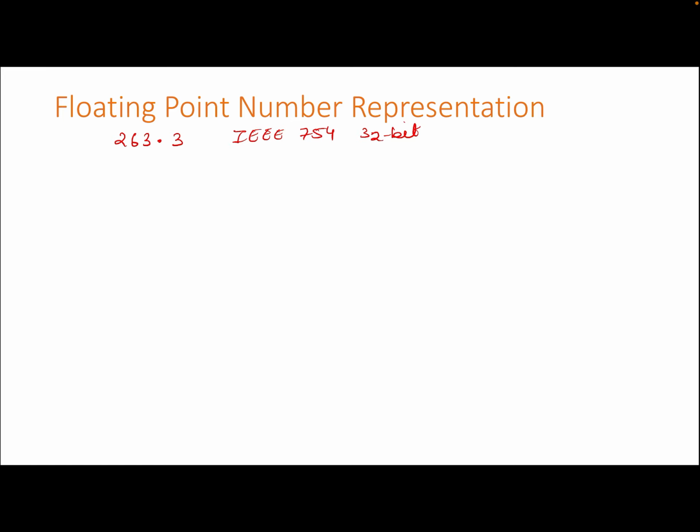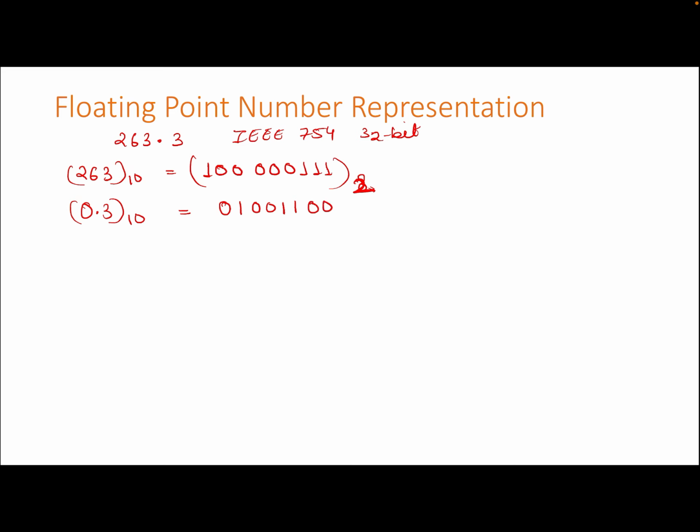First I will convert this 263 into binary, which is 100000111. And this 0.3 decimal is 0 1 0 0 1 1 0 0 1 1 0 0 1 1, and this pattern repeats.